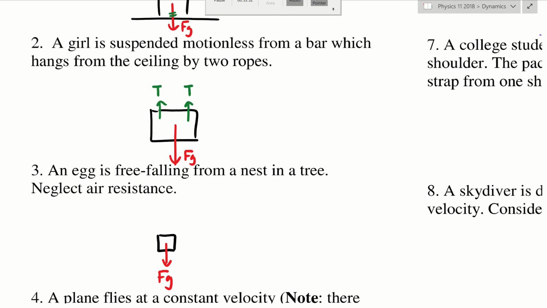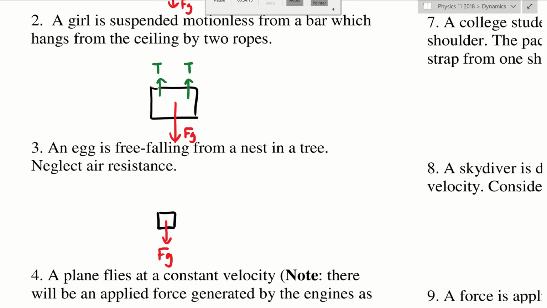If it's 1 arm, then that 1 tension should be exactly the same value as the weight, which is the Fg. But because you have 2 arms, each arm can support half of the weight of your body so that they add up together equal to the total weight of your body. So that's why I draw the 2 tensions slightly smaller. They should be half the size of the Fg so that when the 2 tensions add together, it will be the same size as the Fg.